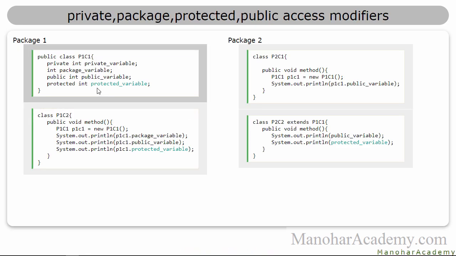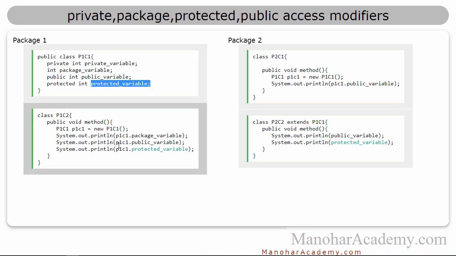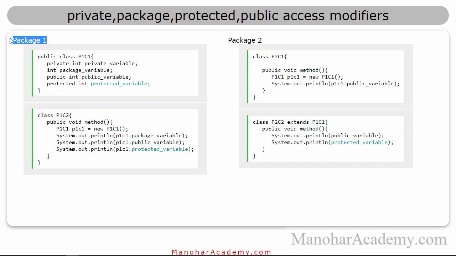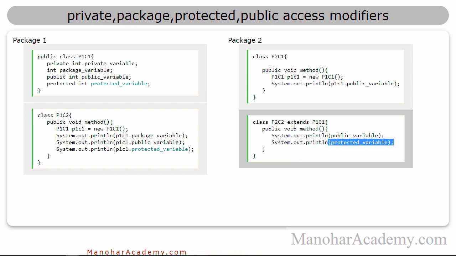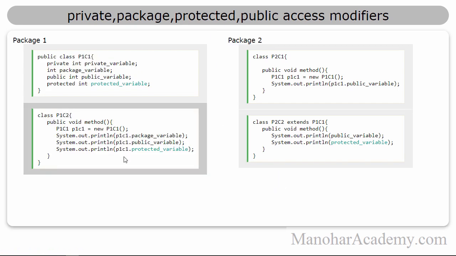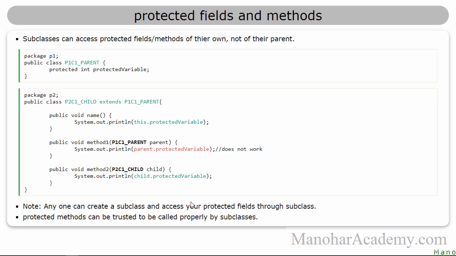So here we can see that we have a protected variable, and this can be accessed in other classes in the same package, similar to package scope. Also they can be accessed from the child classes or subclasses in a different package. So the protected access is related to inheritance.